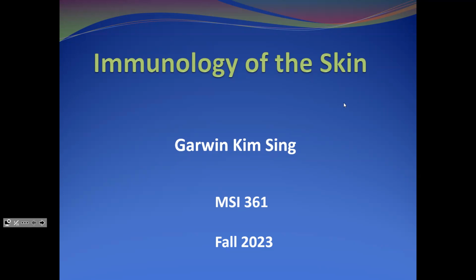All right, so this lecture is very short on detail. The reason for this is that the immunology of the skin, or the skin associated lymphoid tissue, which we call SALT, is an area of very active research for the past 30 years.